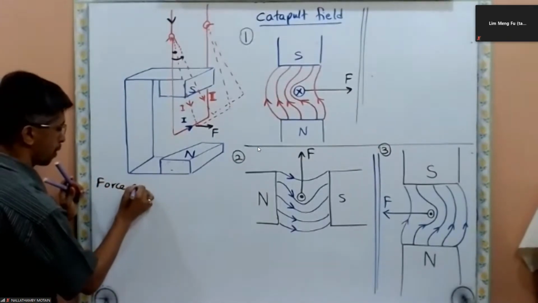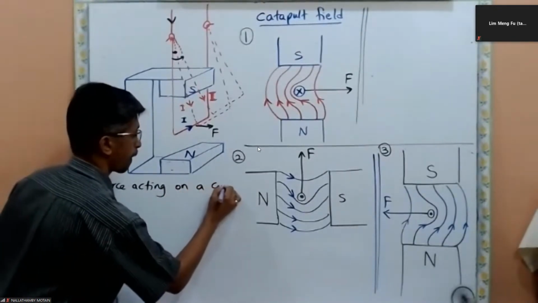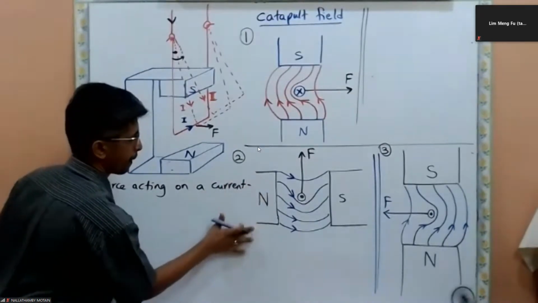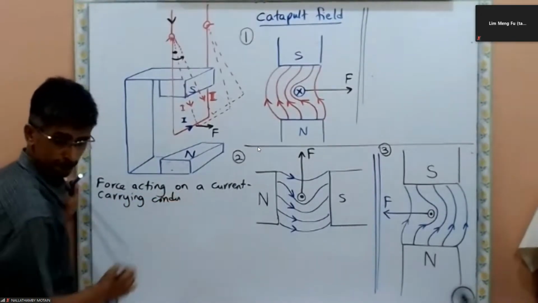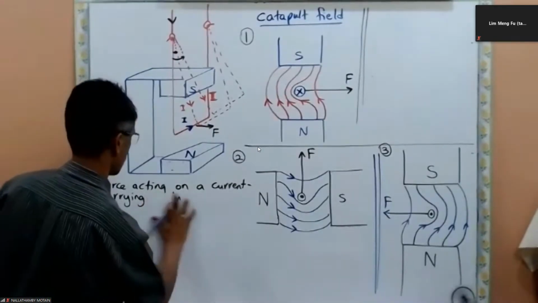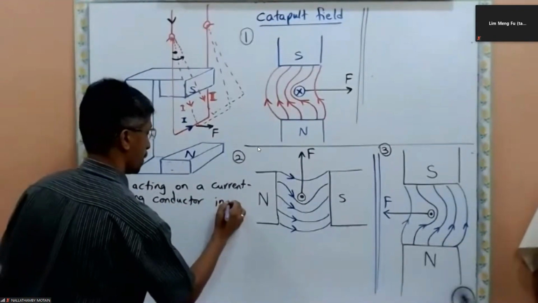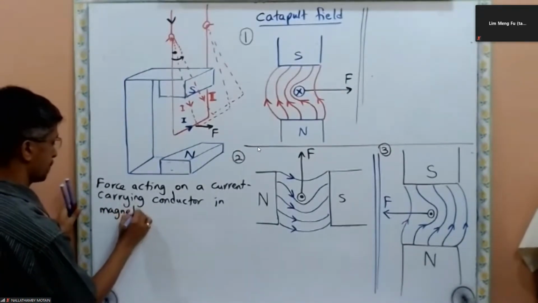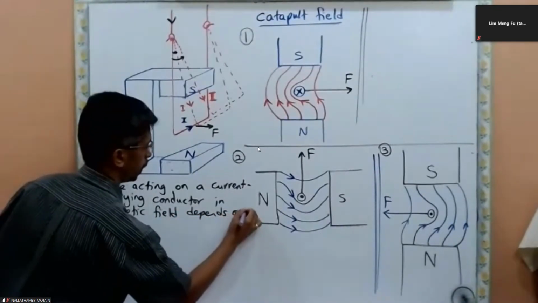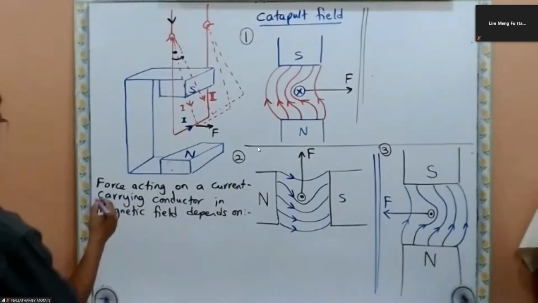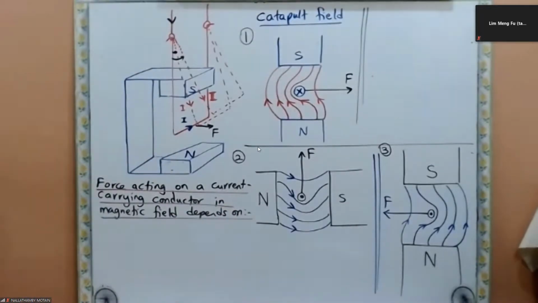The force acting on a current carrying conductor in a magnetic field depends on, so there will be three.